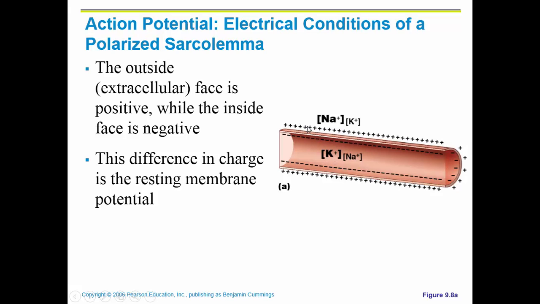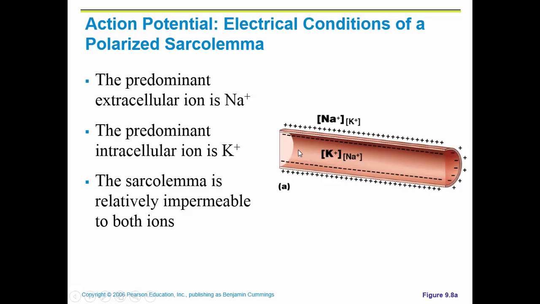When we're polarized, we have more positives on the outside. Sodium and potassium are both positively charged ions, but we have another negatively charged ion on the inside that outweighs the positive charges. That is what we consider a polarized membrane.